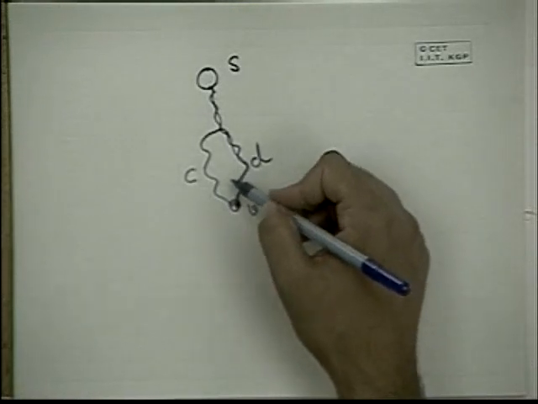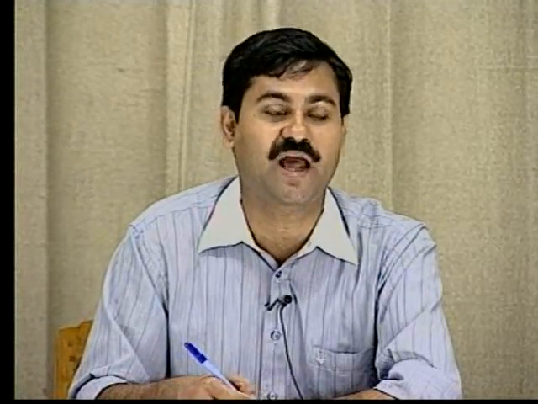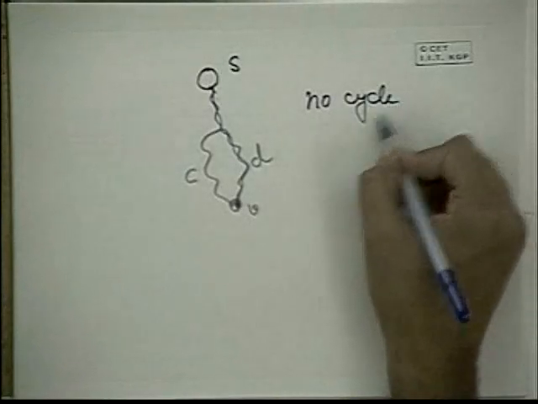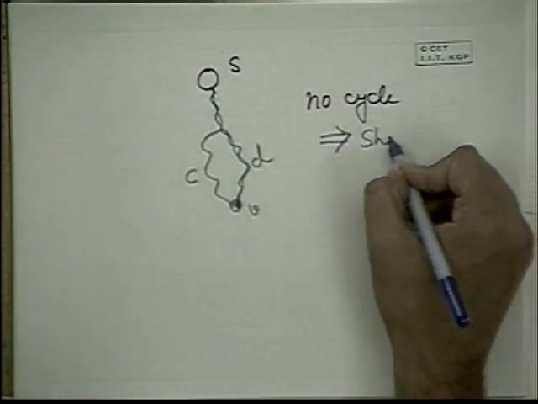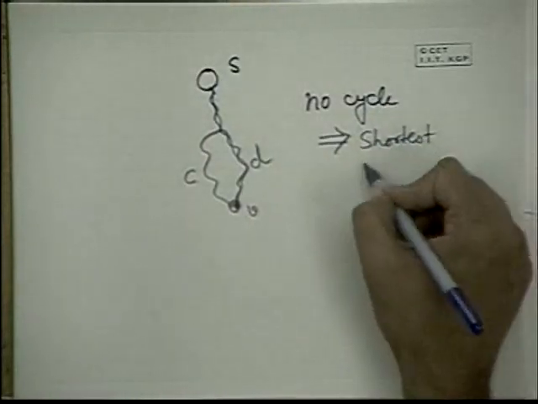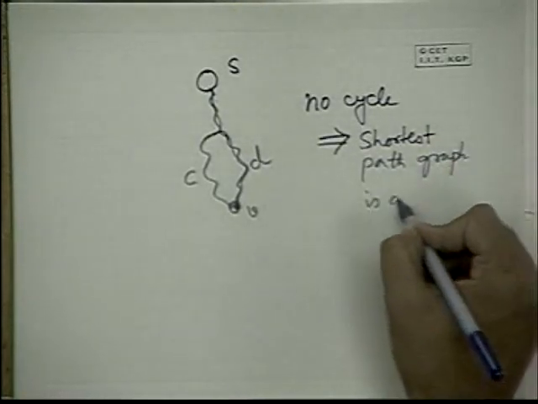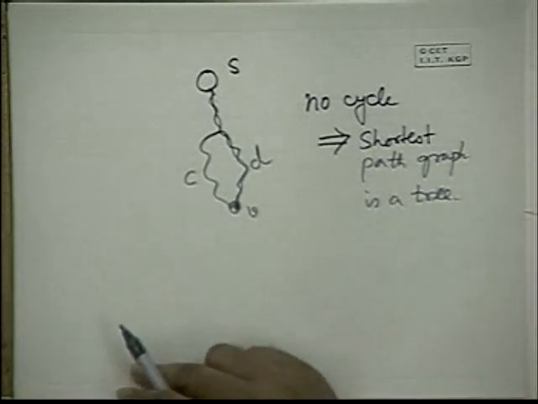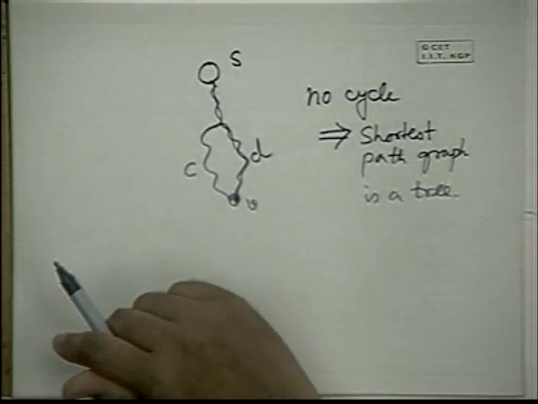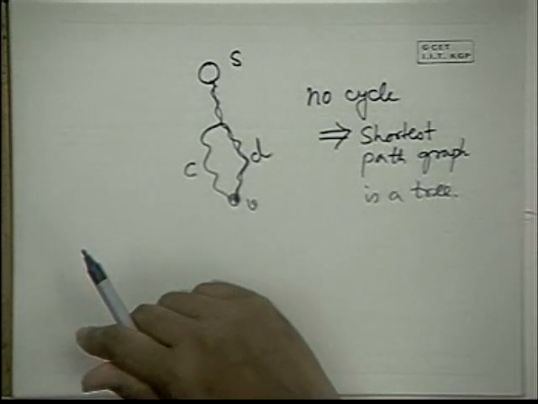And in case both paths have the same weight, we choose only one path, because we are required to choose only one shortest path to a vertex. So in that case also you don't have a cycle. So this means there is no cycle, which implies the shortest path graph is a tree.